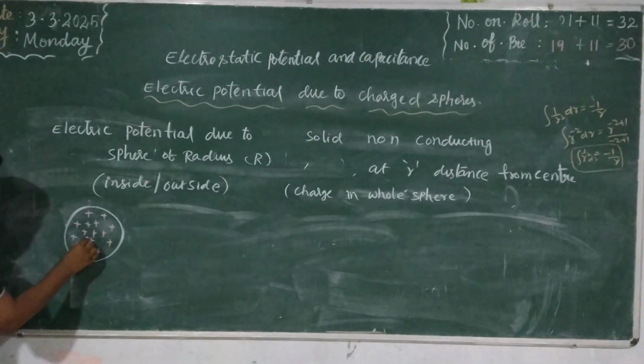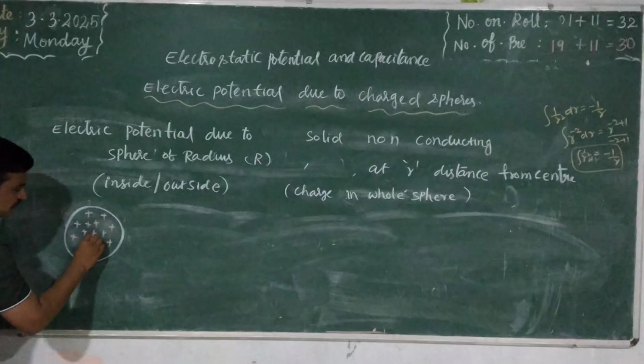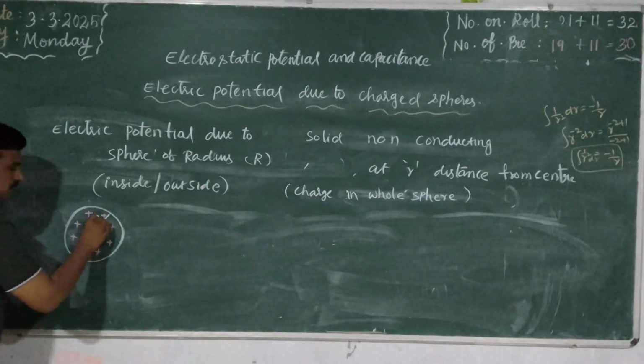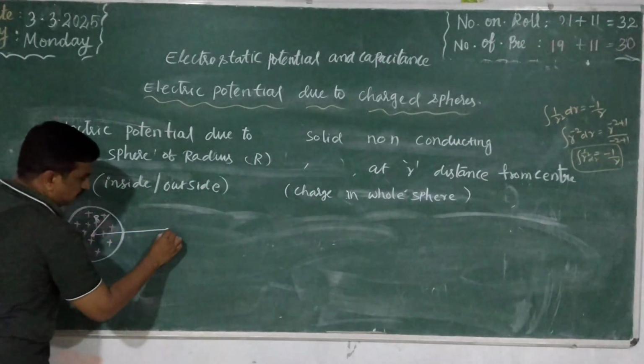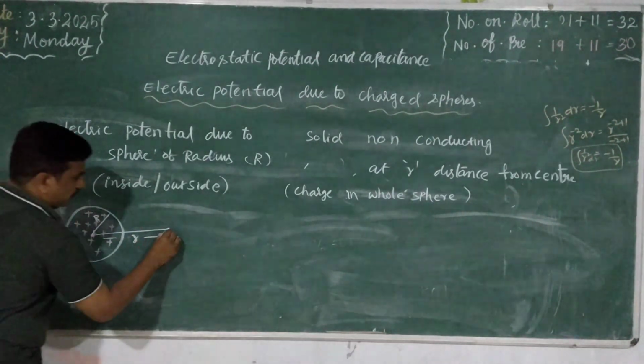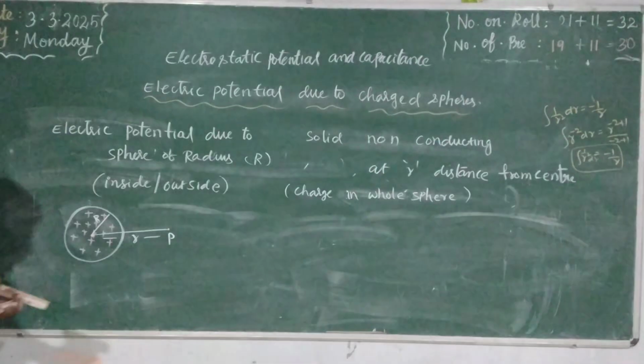This is the center, and from center to surface it is capital R. At a distance from the center, outside point P, what is the potential? That we can derive.